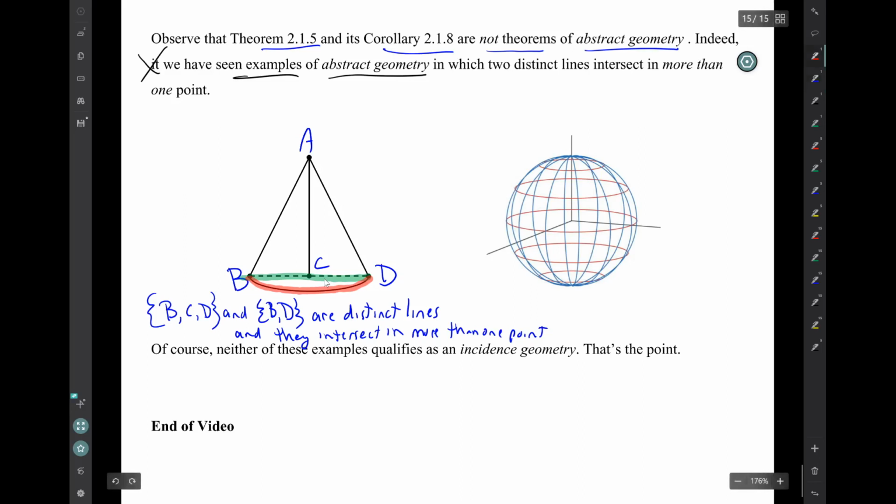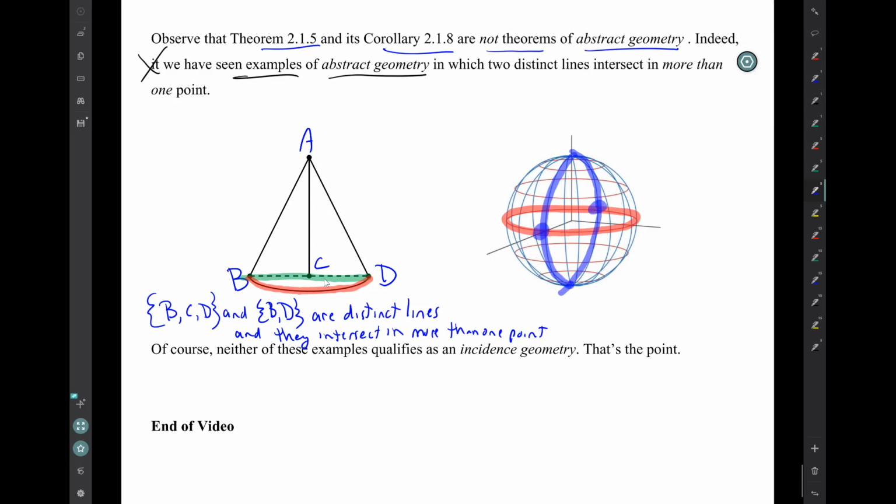And think about the unit sphere, the Riemann sphere, the equator, and that great circle, that is the line of longitude, intersect in 2 points. Point there and a point there. So those are not the same line.